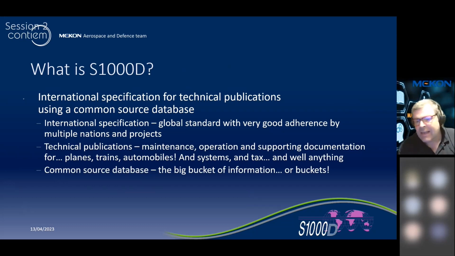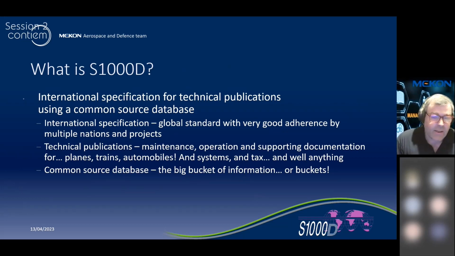International specification, yes, they are a global standard. And one of the good things about S1000D is that it has very good adherence. People that use the standard tend to use it solidly. They don't pick and choose. They don't do some of it to the standard and some of it to their own guidelines, if you like.